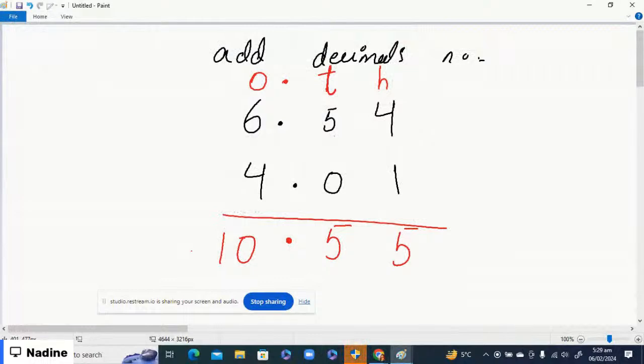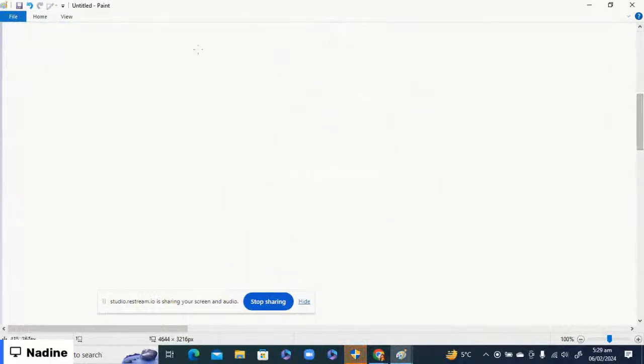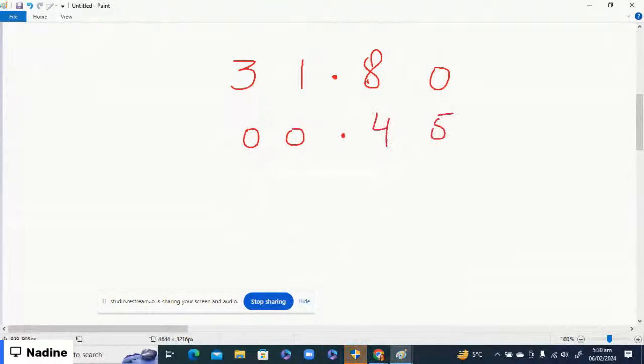Alright. This happens with the same numbers. Now let's do one more question for that. I'm going to use it here, 31.80. Then 0, then point 4 and 5.